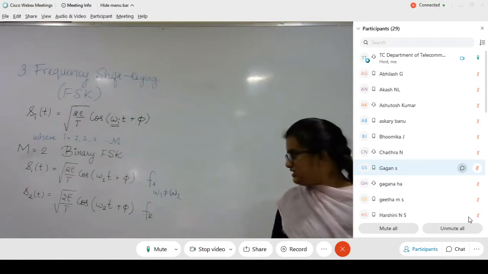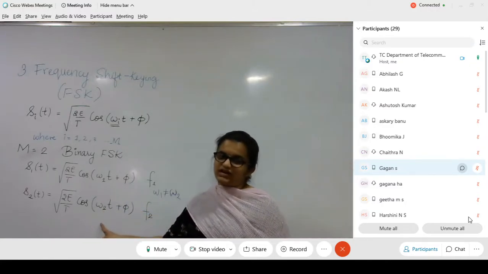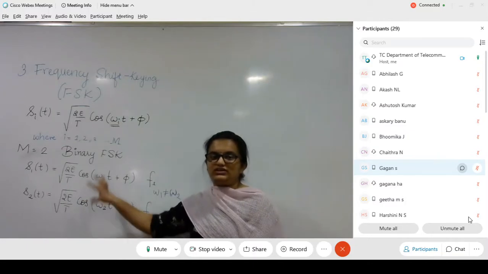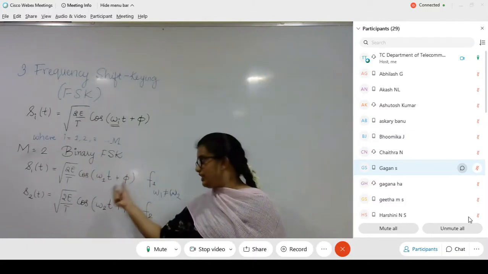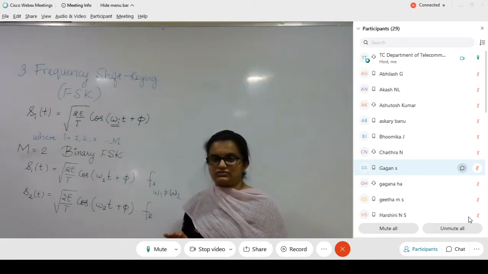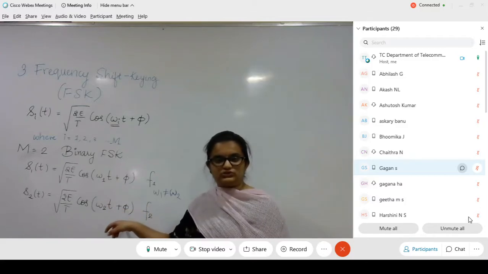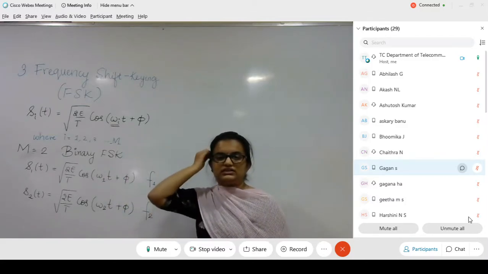In that case, this is a completely different sinusoid. It depends on how many sinusoids I am making use of to represent all the symbols. So in this case there are two different sinusoids to represent two different symbols.